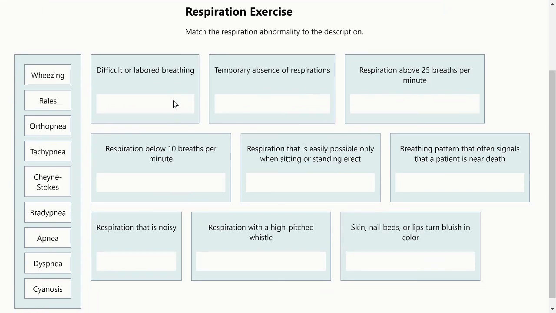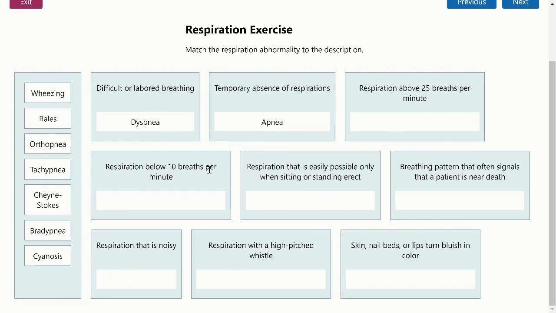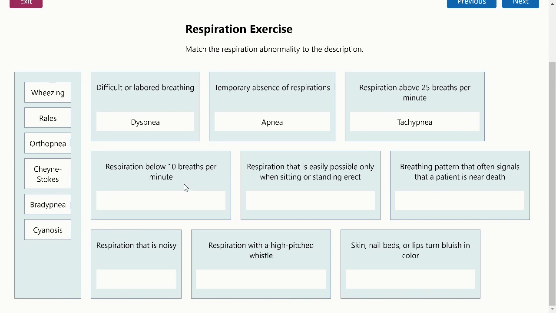All right, so what is difficult or labored breathing called? Dyspnea. Okay, temporary absence of respiration. Apnea. Respiration above 25 breaths per minute. Tachypnea. Respiration below 10 breaths per minute.